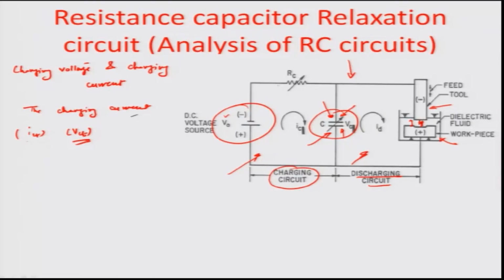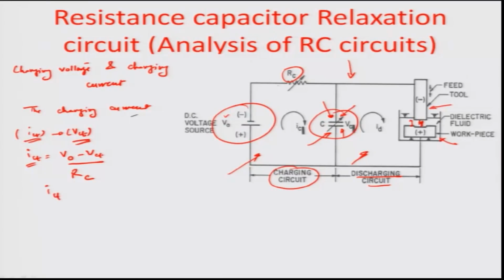The charging current ICT is related to VCT through the expression ICT equals V0 minus VCT divided by the circuit resistance RC, which is also a variable resistance, but let us assume a fixed value of RC. That is how the charging current is experienced as the capacitor is charged by the charging circuit.